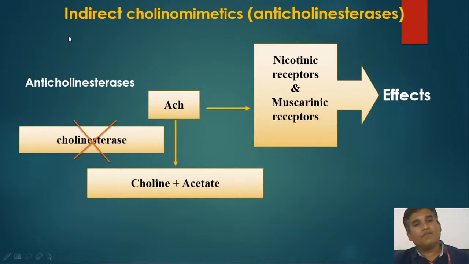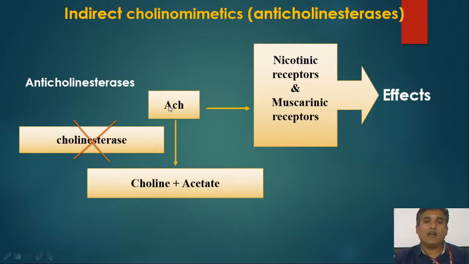When you give anticholinesterases, they inhibit the enzyme responsible for the metabolism of acetylcholine, so the availability of acetylcholine increases.